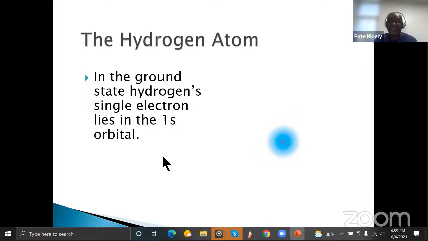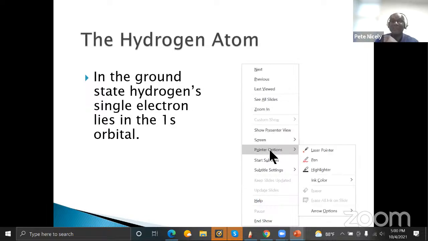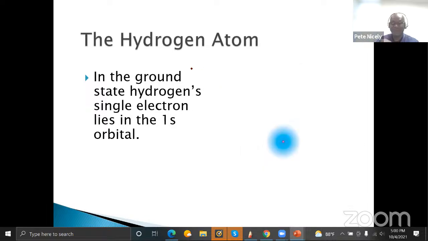That's the most stable state, and we call that stable state the ground state. So whenever you see the term ground state, that means the most stable state. Let me write that down here so that I can better make that point.